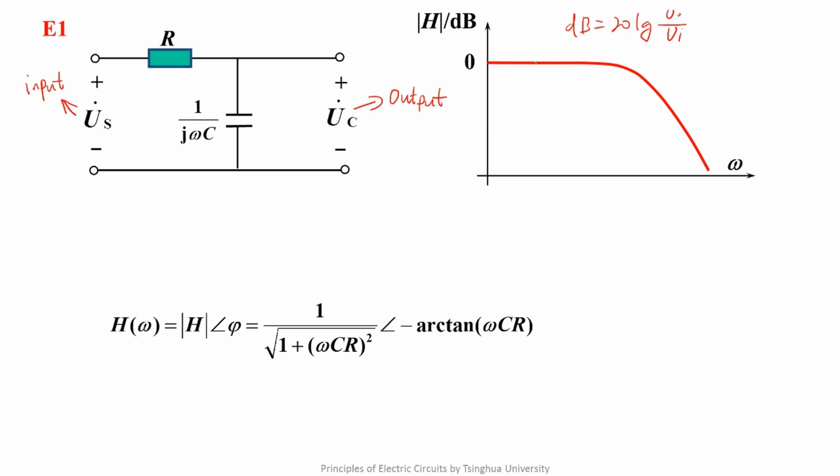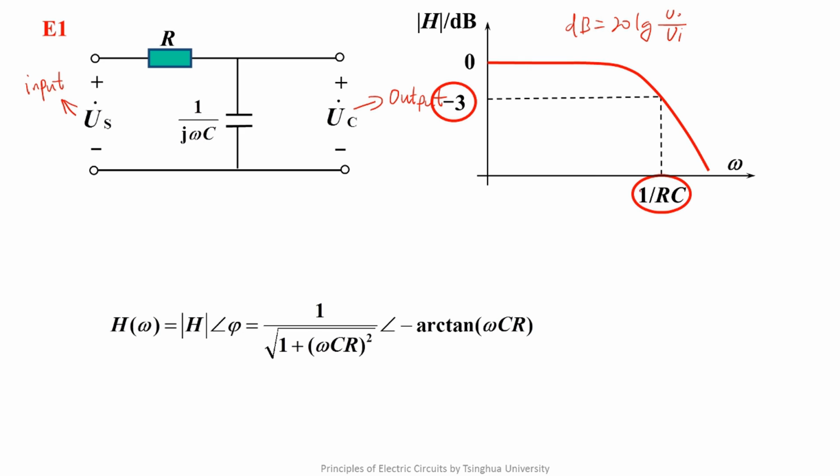We can see from the classification of filters we taught before, it's a low-pass filter, but it's not an ideal low-pass filter because with the increase of frequency, the amplitude of the transfer function attenuates gradually, so the cut-off frequency of the filter needs to be defined artificially.